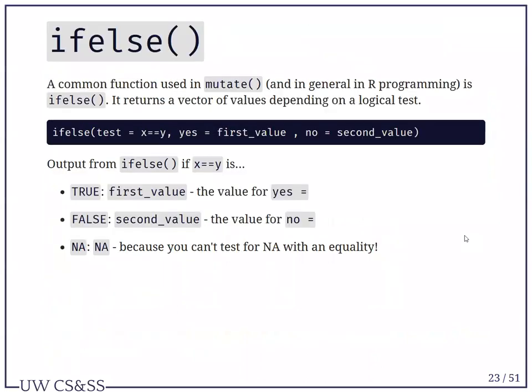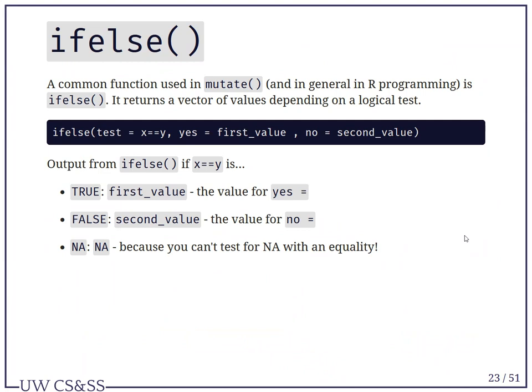Let's talk about if else. If else, the function, so there's if else the operation, we'll get into that later, but this is if else the function. It's a common function used within mutate and in general R programming. It returns a vector of values depending on a logical test. So these are the same kinds of logical expressions we were talking about with filter.